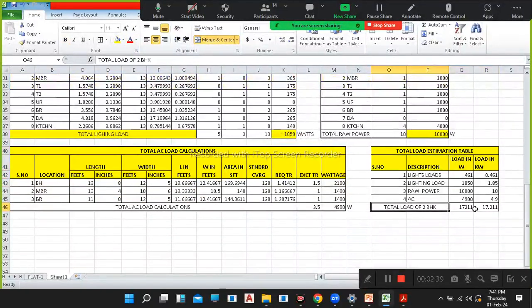Okay, now the total load is 17,211 watts or 17.211 kilowatts. This is the total load, guys.